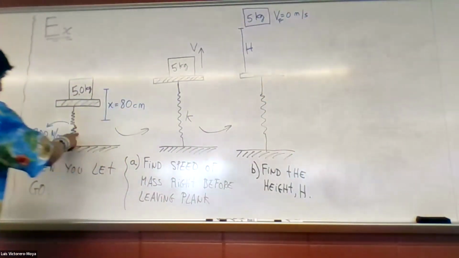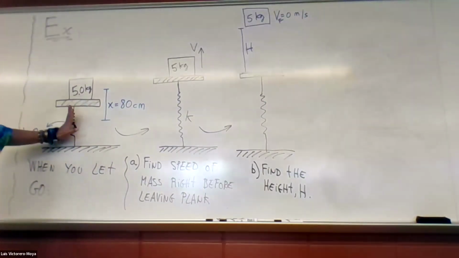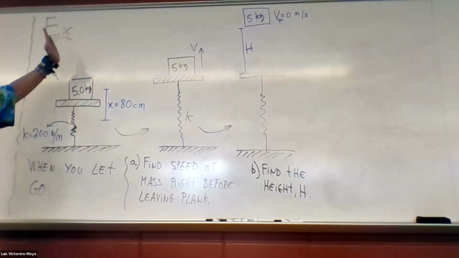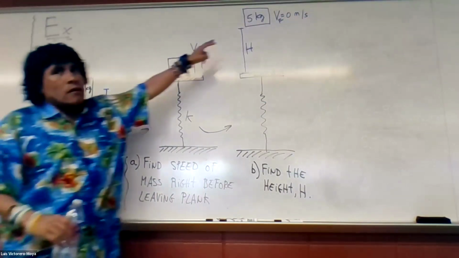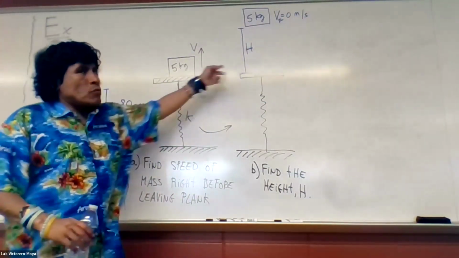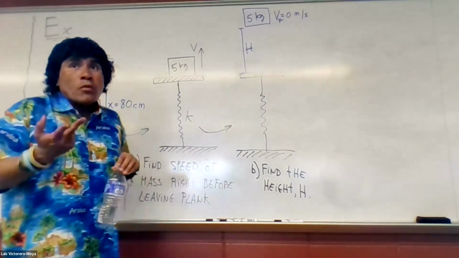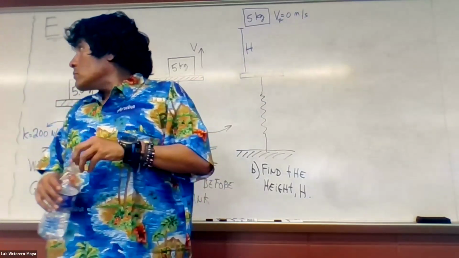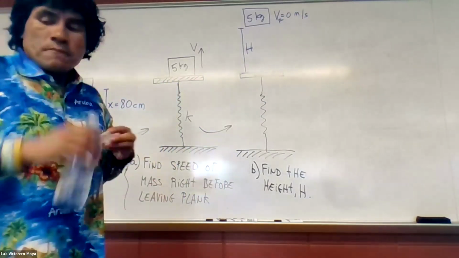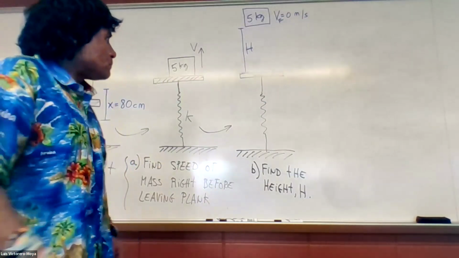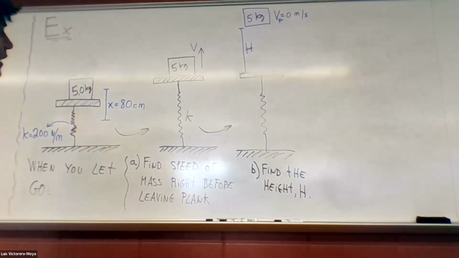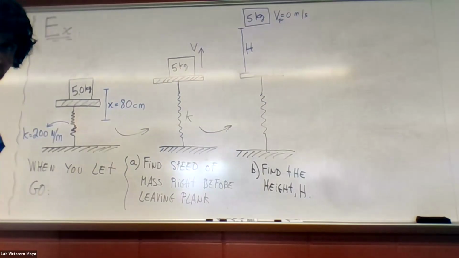There's Hooke's law that is gonna push this upwards, and then in every situation, the force of gravity. Both of those forces are conservative. So we can apply conservation of energy. There is no friction in this case.